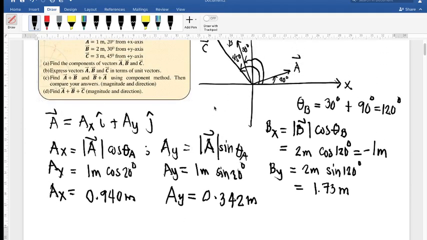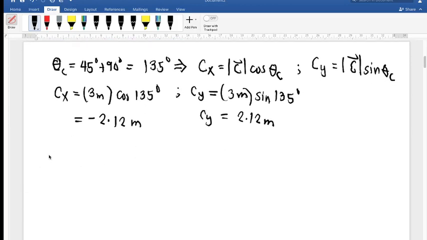So next, letter B: express vectors A, B, and C in terms of unit vectors. Okay, alam nyo na yan. So remember, A is equal to Ax i hat plus Ay j hat. Walang k hat kasi 2D lang, two-dimensional lang yung vectors natin.